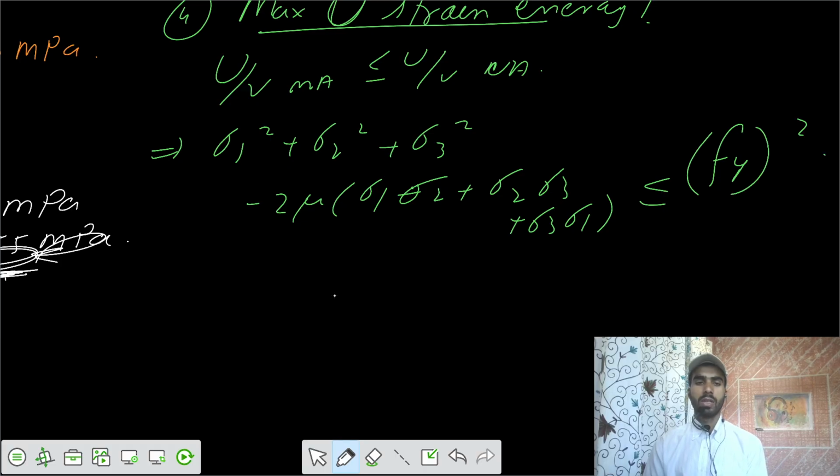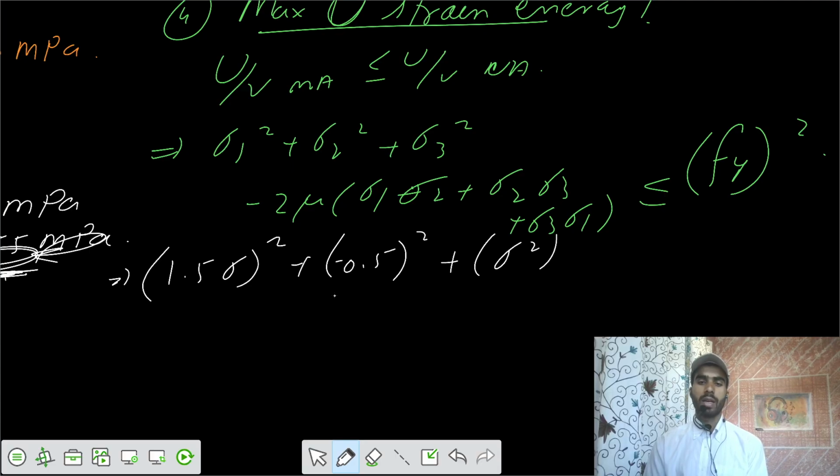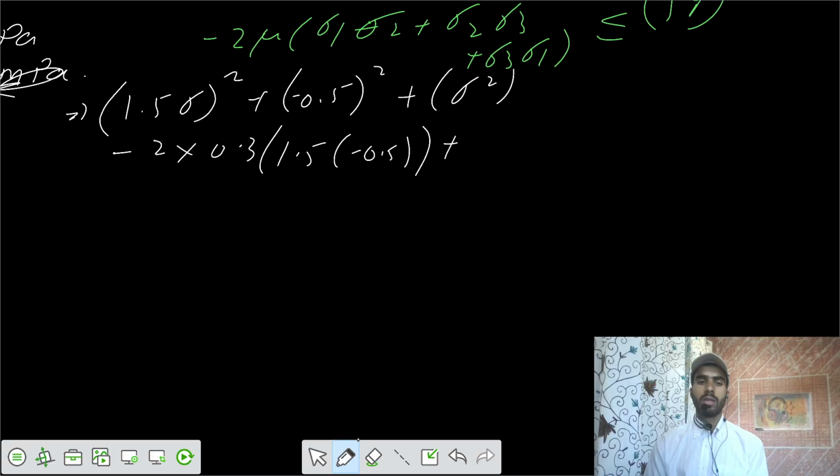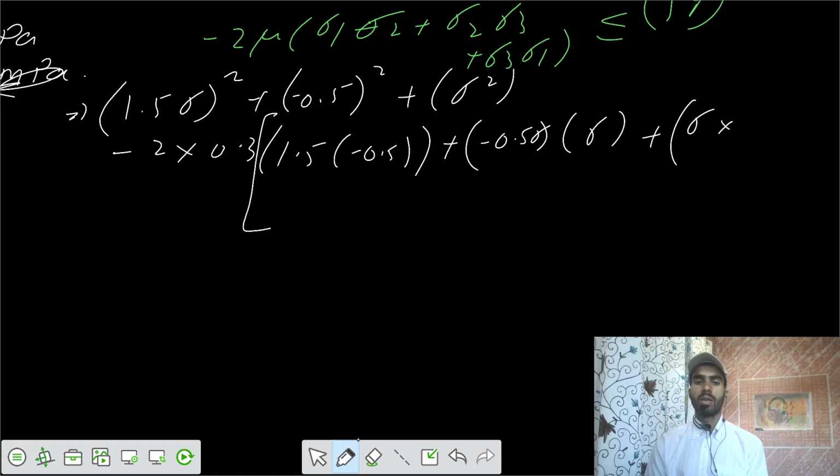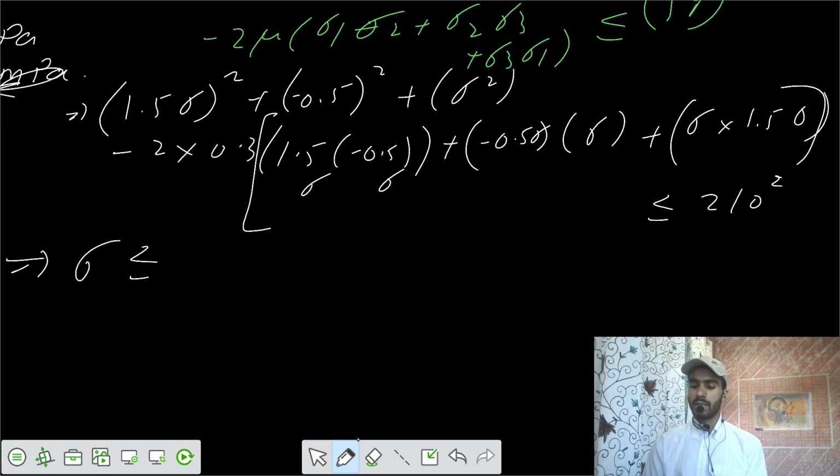You substitute the values: 1.5 sigma whole square, plus minus 0.5 sigma whole square, plus sigma square, minus 2 into 0.3, then 1.5 into minus 0.5, plus sigma 2 was minus 0.5 times sigma 3 was sigma, plus sigma 3 into sigma 1, 1.5 sigma. That should be less than or equal to 210 whole square. So finally you get sigma less than or equal to 114.7 megapascal.